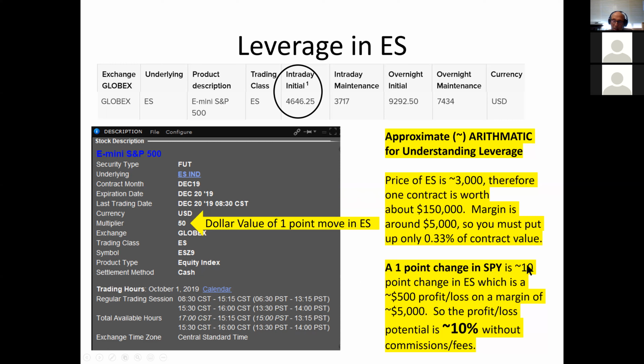So that means a 10-point change times the 50 means that we would get a profit or a loss of $500 on a margin of about $5,000, and that gives you a 10% profit without commission and fees. So this example shows why we go to something like the ES.